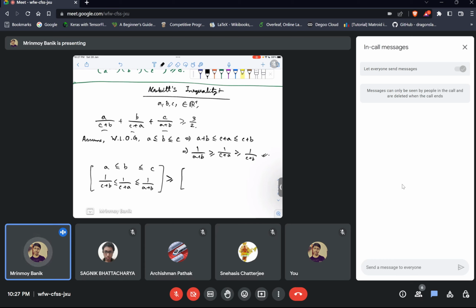So this is greater than or equal to... we might permute the top row now. So b, c, a over c plus b, c plus a, a plus b.